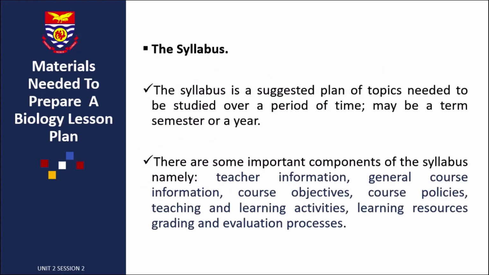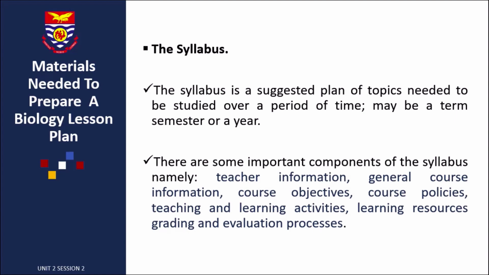Now, the syllabus. When we say a syllabus, what does it mean? The syllabus is a suggested plan of topics needed to be studied over a period of time. It could be a term, a semester, or a year.